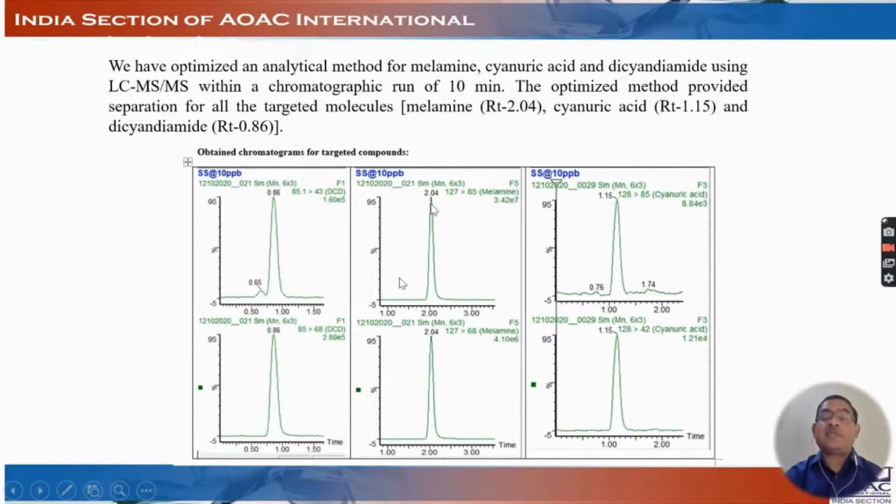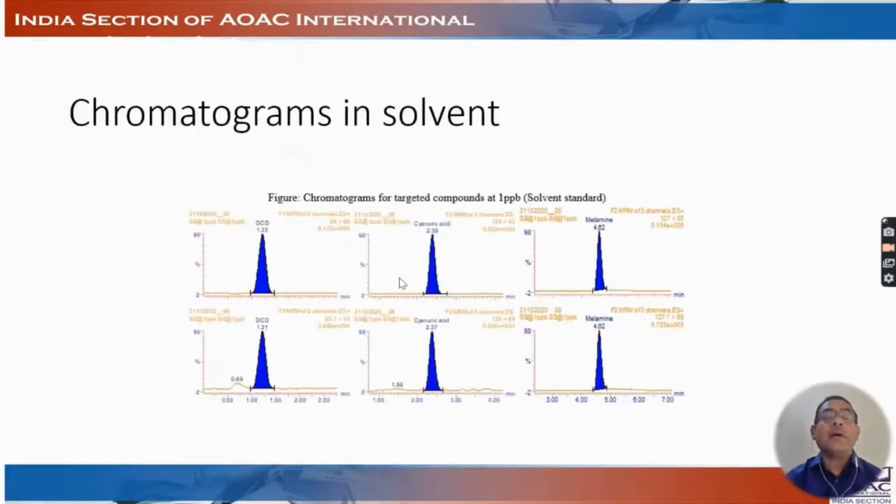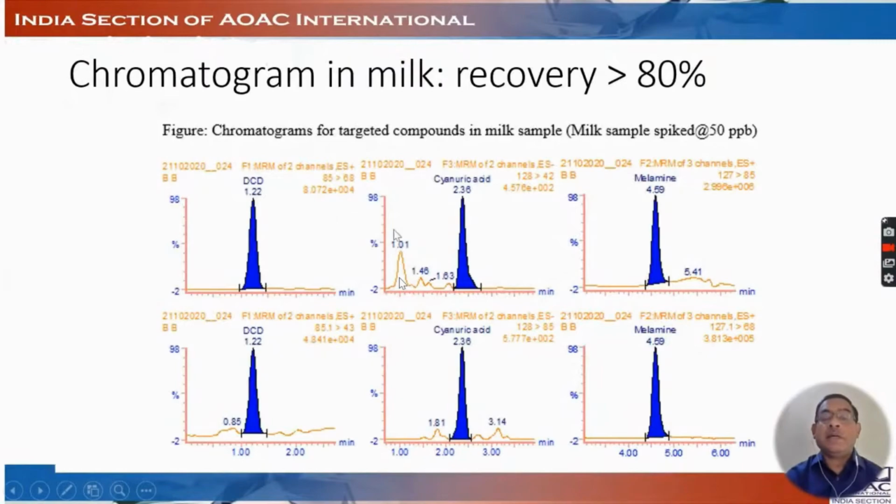So these are the chromatograms in solvent. DCD signal comes at 1.22 minute. This is followed by cyanuric acid, 2.38 minute, and then melamine at 4.52, 4.62 minute. And here you can see the chromatograms in milk matrix.